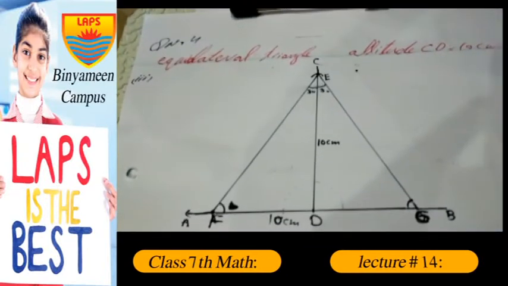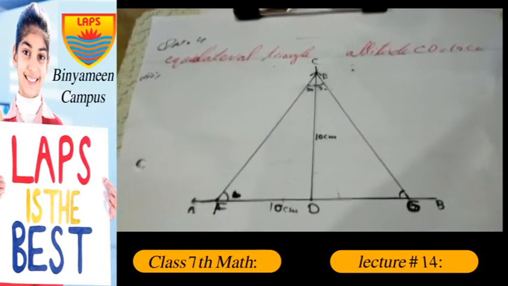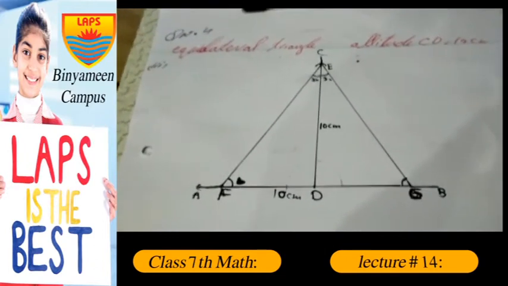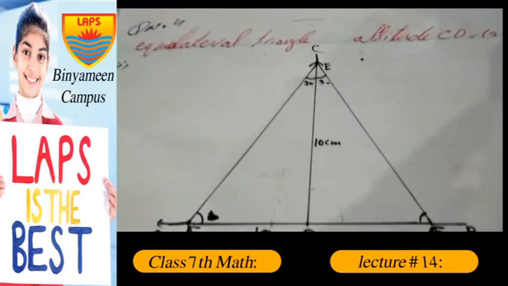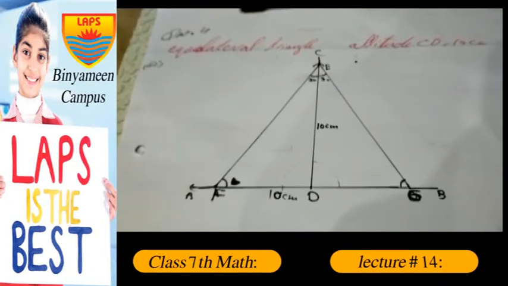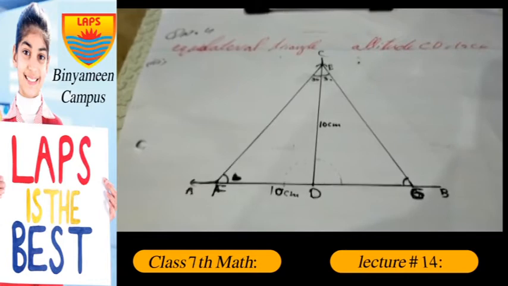Question 4. Equilateral triangle, altitude CD is equal to 10 centimeter. Part 3. Steps of construction. First, draw AB approximately 12 centimeter.